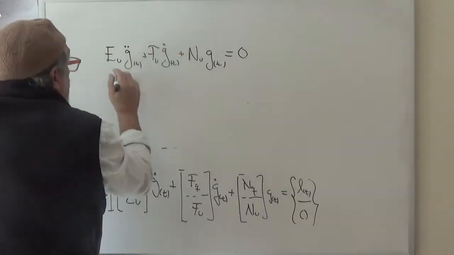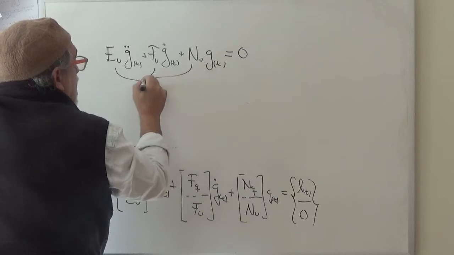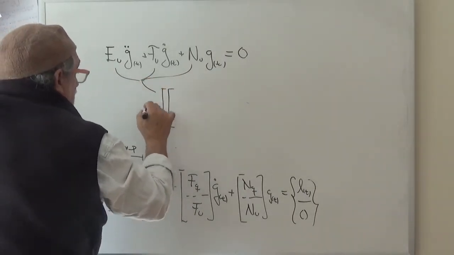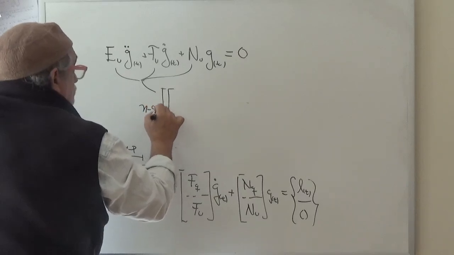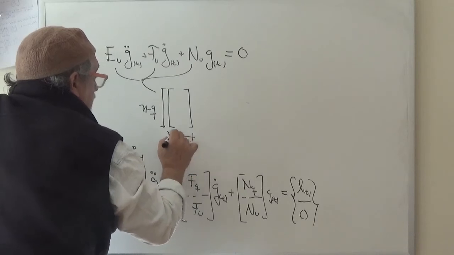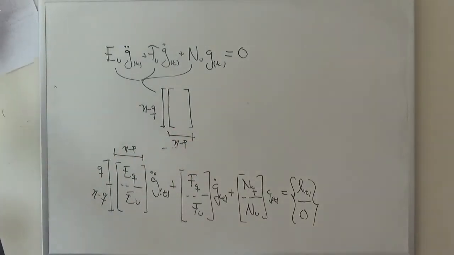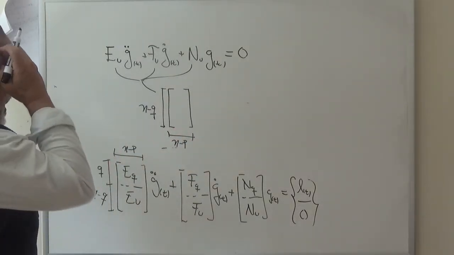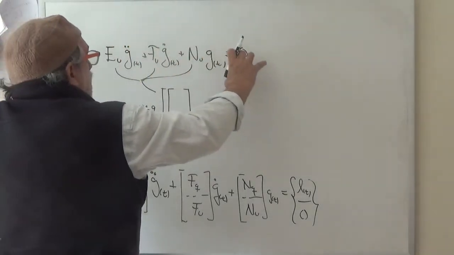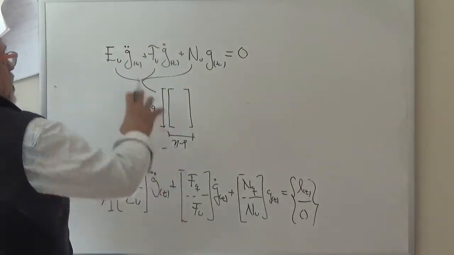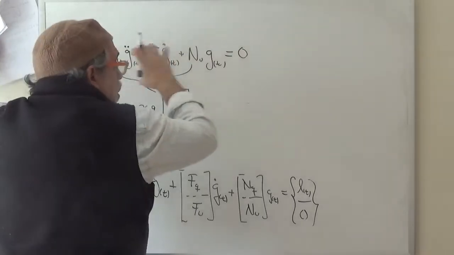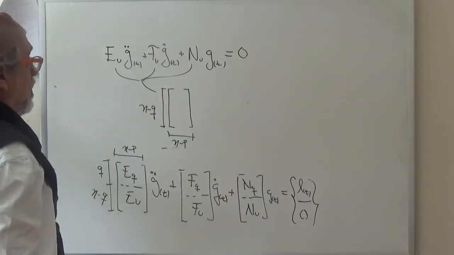All these matrices have dimension N minus Q by N minus P. If these matrices are square, then this is a polynomial eigenvalue problem, and it has a solution.